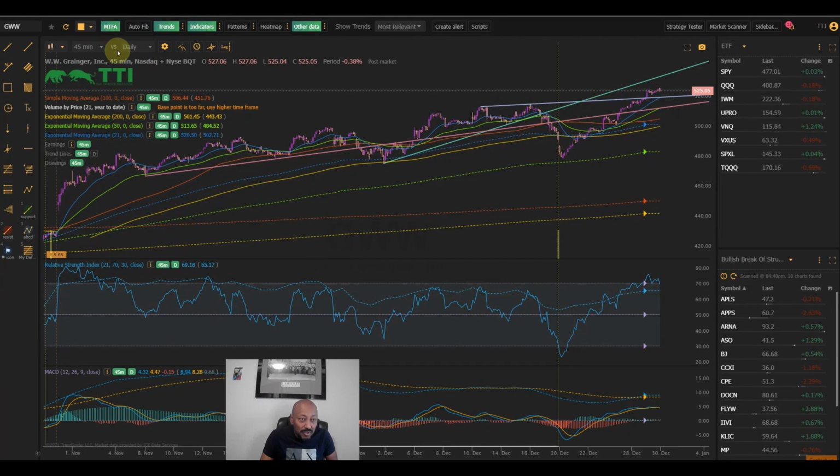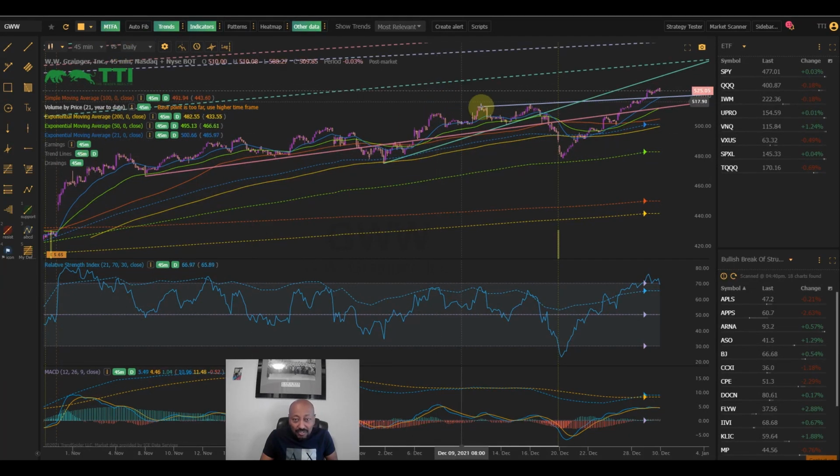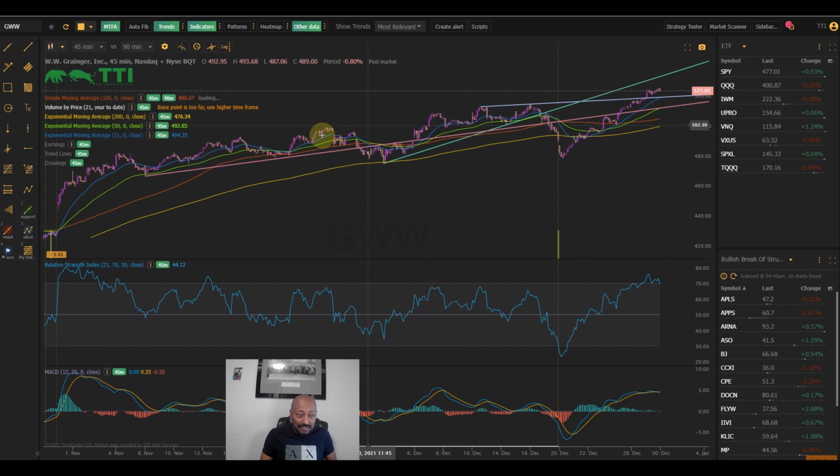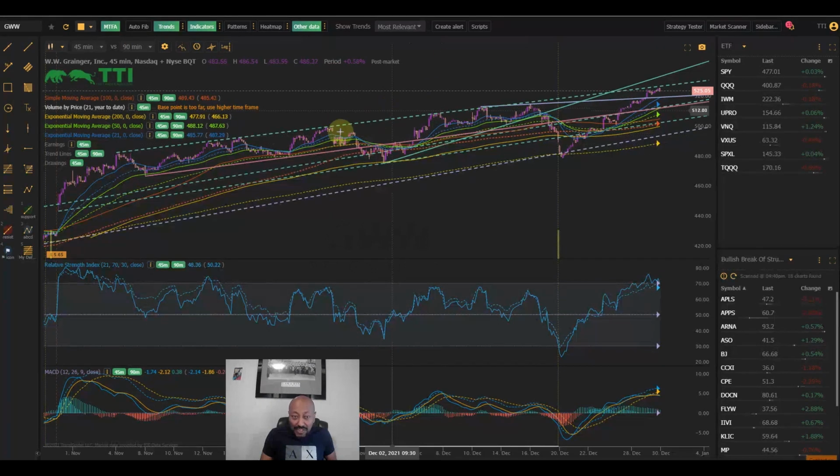And when you're doing multi-time frame analysis, you can add the trend line not just of the current time frame that you're looking at, but also the higher time frame, which could be the daily. If you're looking at the 45 minutes, it could be the 90 minutes. Whatever time frame you're looking at, it will draw you that trend line for that time frame.